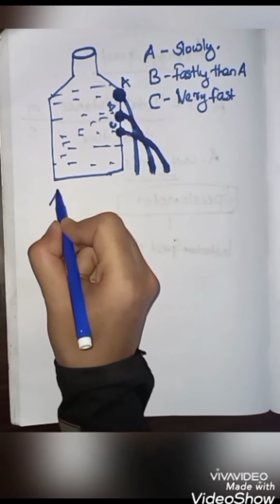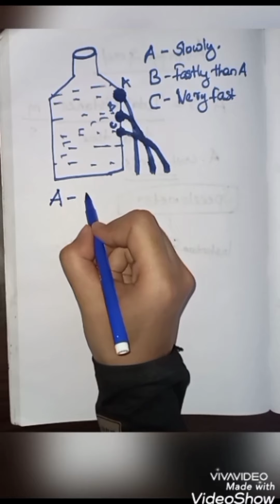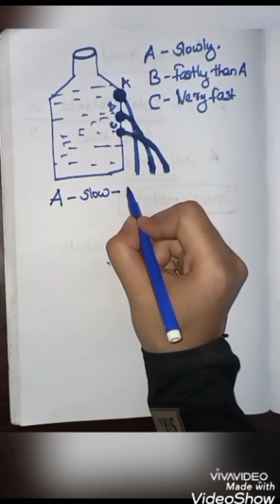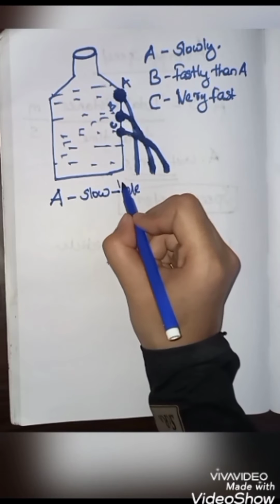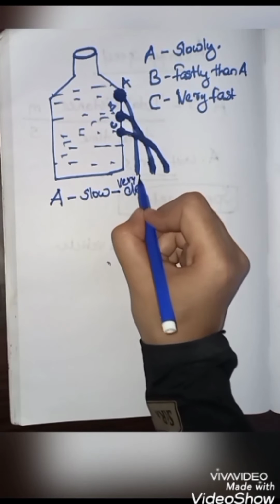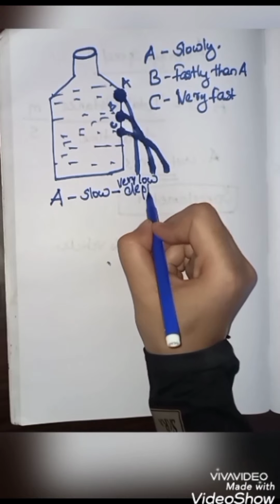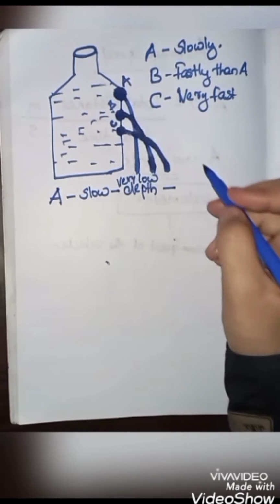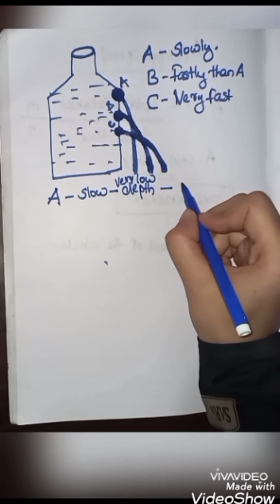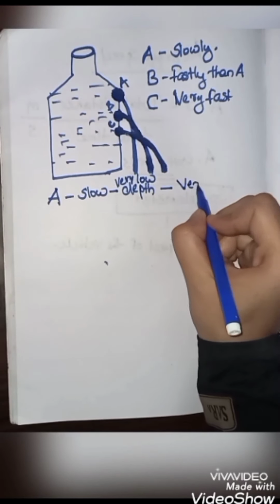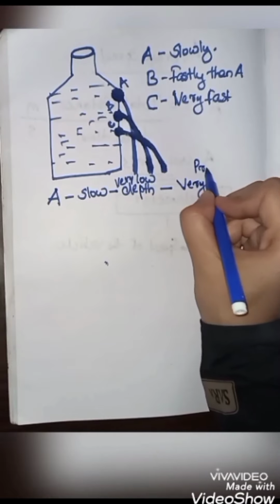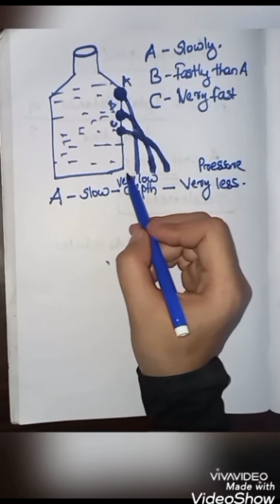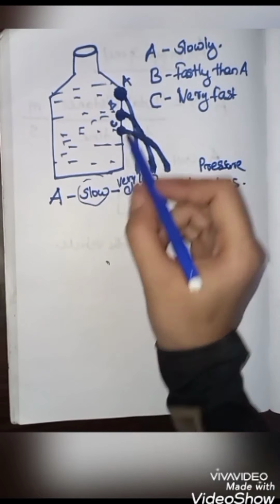At hole A, the water moves slowly and the depth is very low, so the pressure exerted by the water is very less. So the water moves slow.